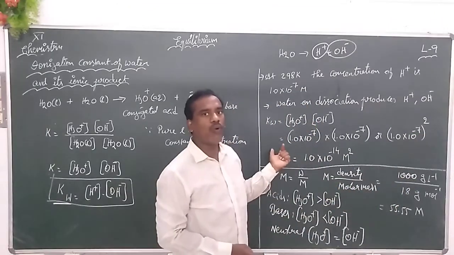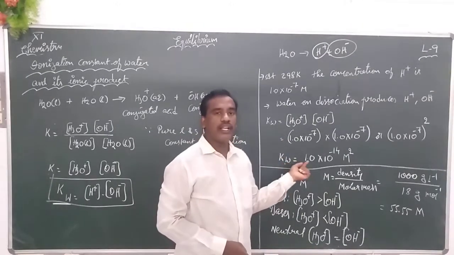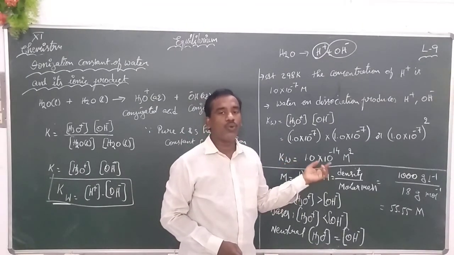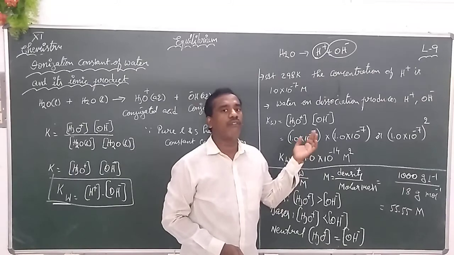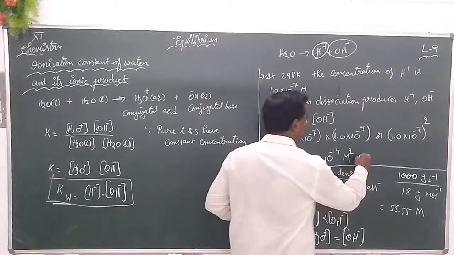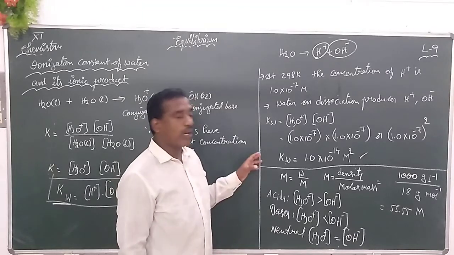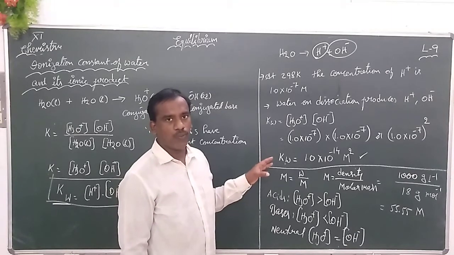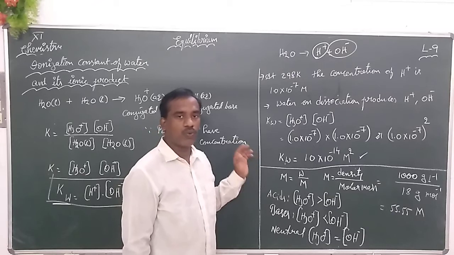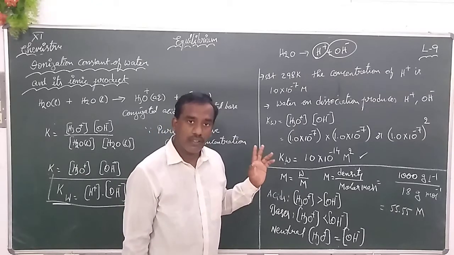So the ionic product of water we got is 1.0 into 10 power minus 14 mole square per liter square. Don't forget this value. What is Kw? Kw is equal to 1.0 into 10 to the power minus 14.